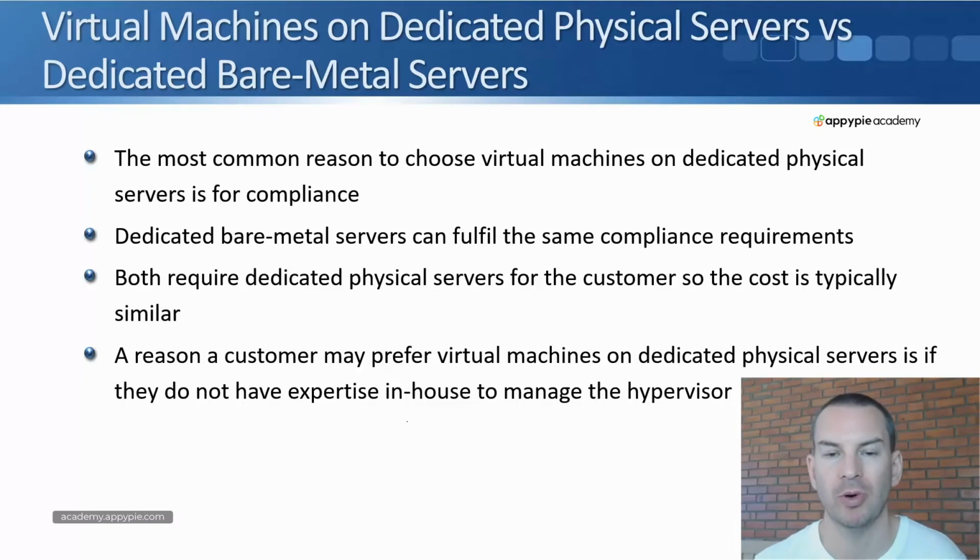Both of these options require dedicated physical servers for the customer, so the cost is typically similar, with bare metal servers maybe being a little more expensive. A reason a customer may prefer virtual machines on dedicated physical servers out of these two options is if they do not have expertise in-house to manage the hypervisor.